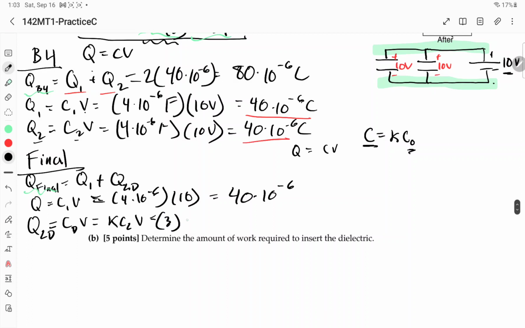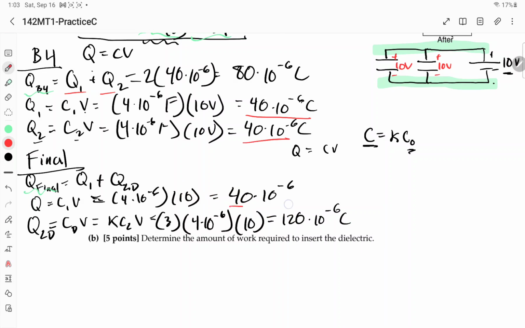So we have 3 times the original capacitance, which was 4 times 10 to the negative 6, times the voltage, which is 10. And that is equal to, in my head, 600, or I apologize, I'm going crazy right now. This is equal to 120 times 10 to the negative 6 coulombs.